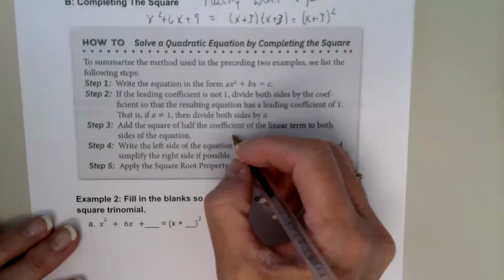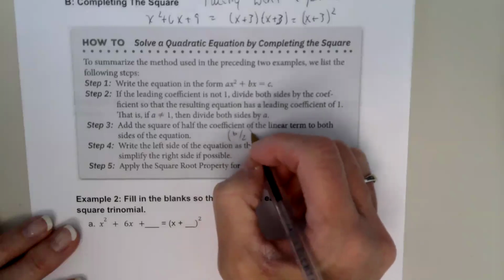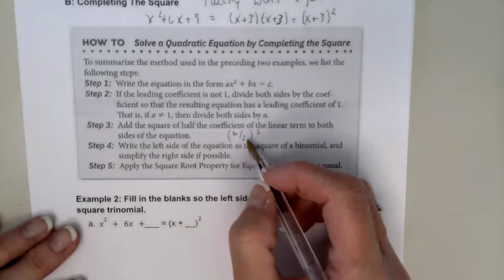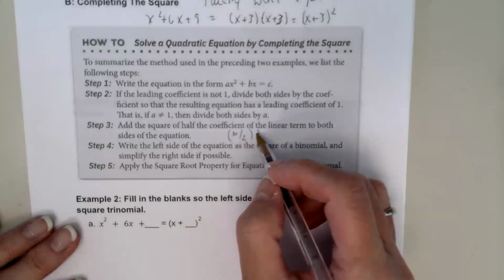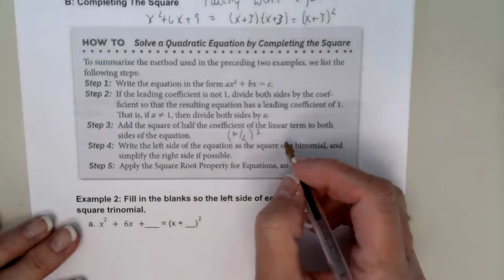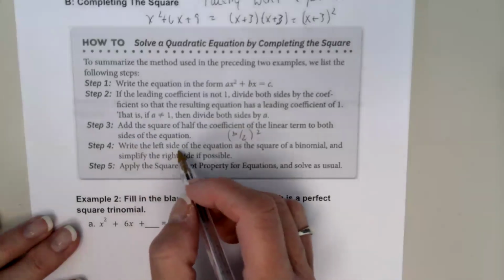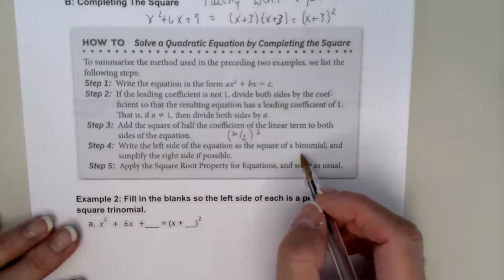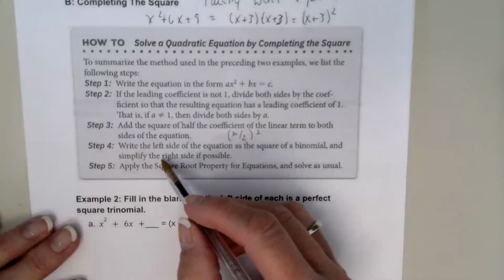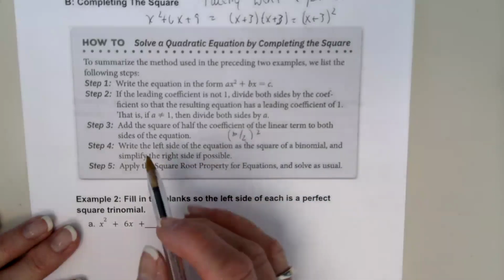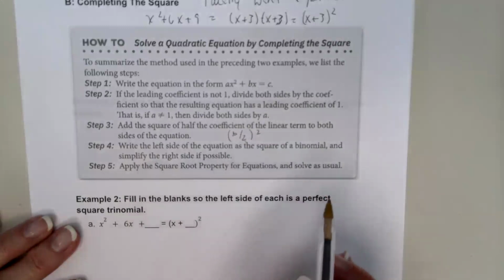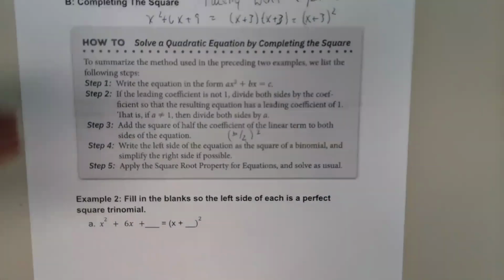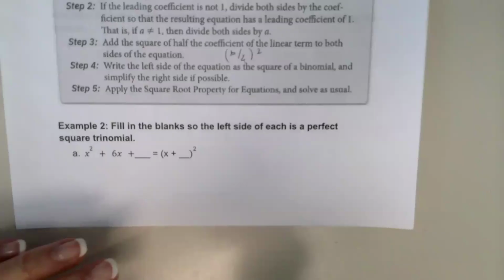So that means we're going to take b divided by 2 and we're going to square it. So half of b squared, and we're going to add that to both sides. Write the left side of the equation as a square of a binomial, so a perfect square, and simplify the right side if possible. And then you can go ahead and apply the square root property for equations and solve as usual.